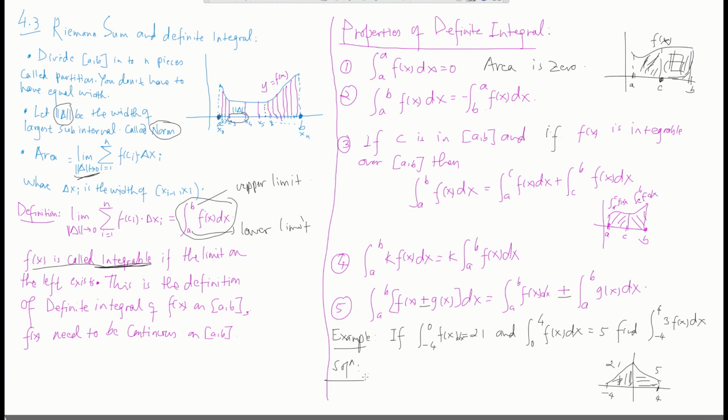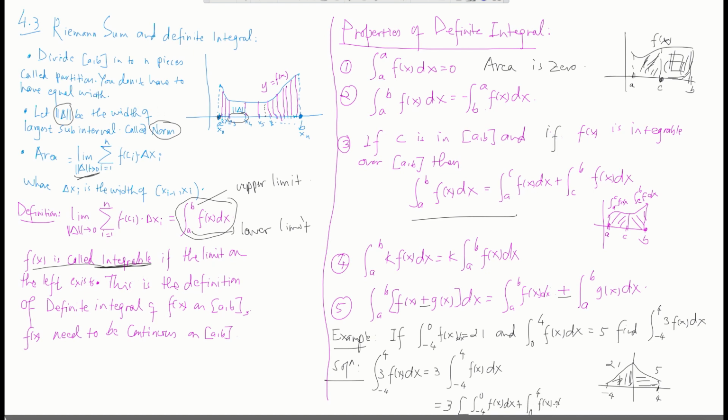So the solution is, we have the integral of 3f(x) dx between negative 4 and 4. Let's take 3 out and then do the integral from negative 4 to 4 of f(x) dx. But you can break this using the property: 3 is outside, and I do the integral from negative 4 to 0 of f(x) dx, because I know this value, plus the integral from 0 to 4 of f(x) dx.